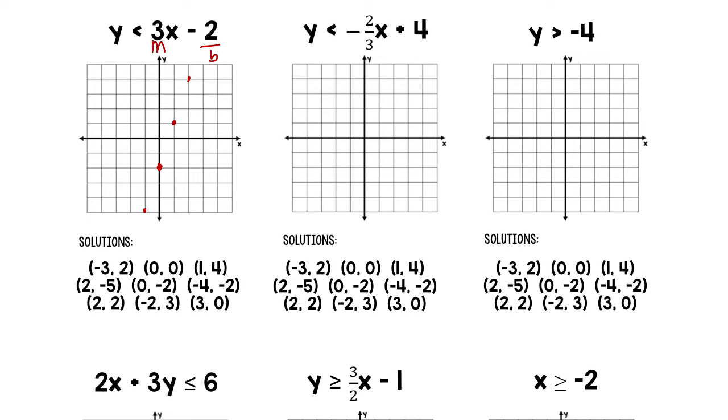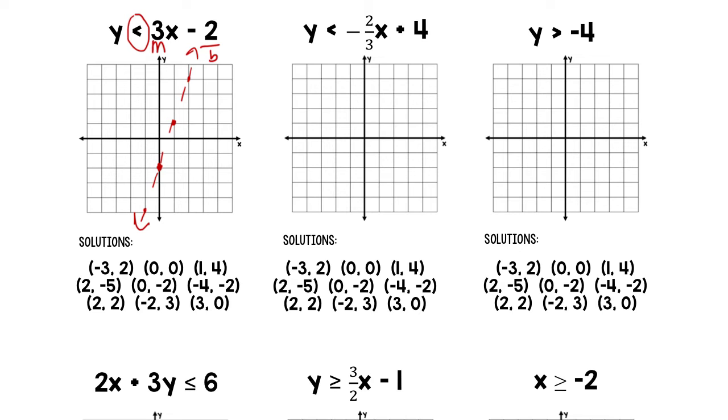Same idea. Now, let's look. We've got some points plotted. Let's look at our inequality. Is this going to be a dashed or a solid line? This is a dashed line. So we'll dash this line. And there we go. We've got that so far.